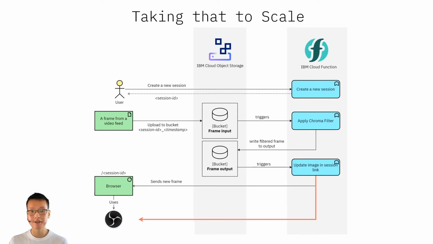Once a frame is received in the output bucket, it then triggers another function which updates the image link, which sends a new frame to the endpoint. The browser shows that new image, and OBS can then seize that image and use that in the production. IBM Cloud Functions is built upon Apache OpenWhisk.